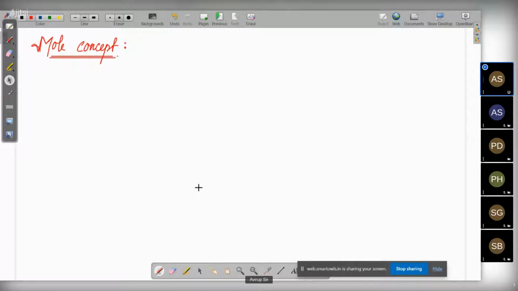So you have the mole concept. For the mole concept, I will follow the same table which was done before also, because that gives us a very nice idea. So what is a mole? Just like we say 1 dozen is equal to 12 substances. Just like in mathematics, we have done the dozen: 1 dozen is equal to 12 of anything.